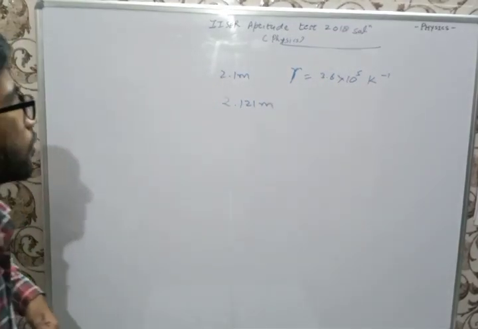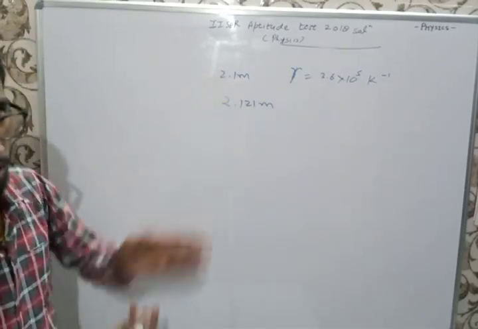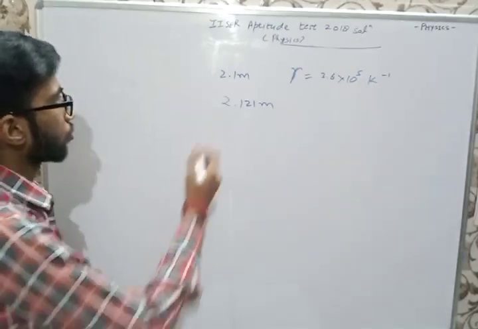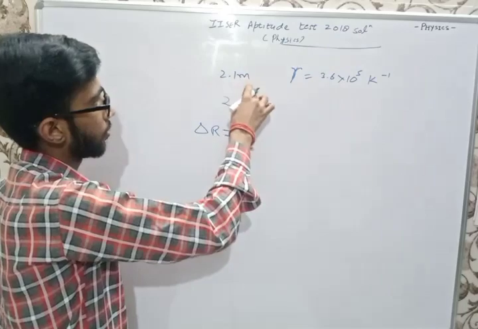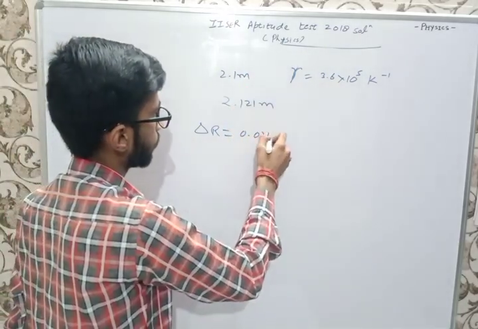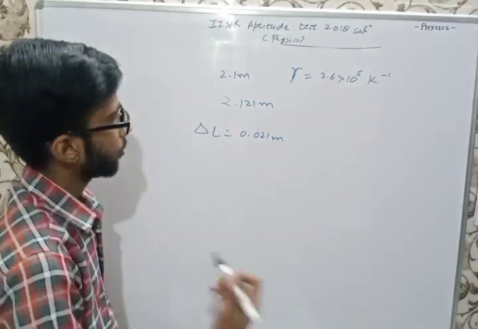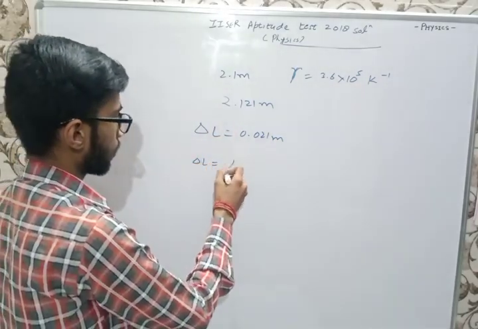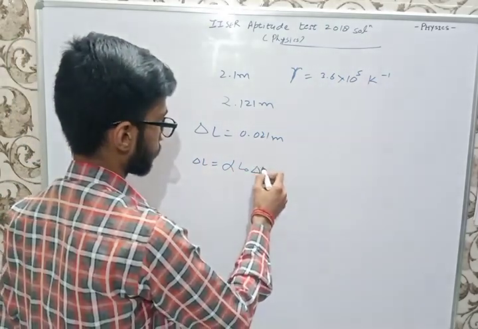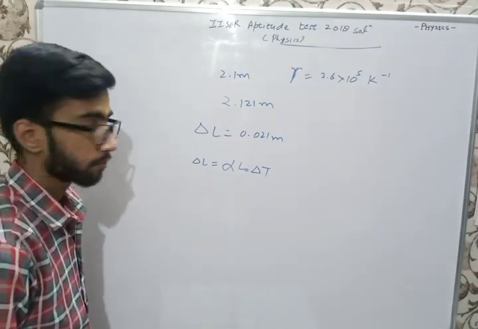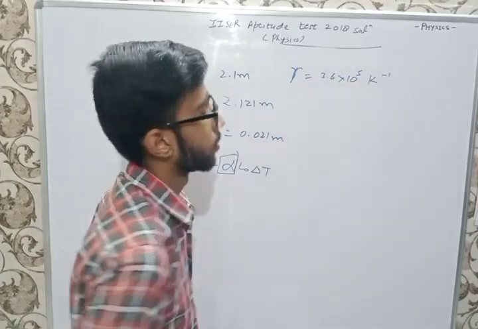So see, you want linear expansion. You want to expand the linear dimension, meaning radius. So the change delta R is simply the difference, 0.021 meter, or I can write it as delta L. Recall that delta L is alpha L naught into delta T. I want the value of alpha, but it is gamma.